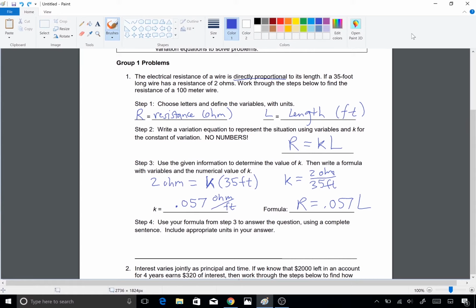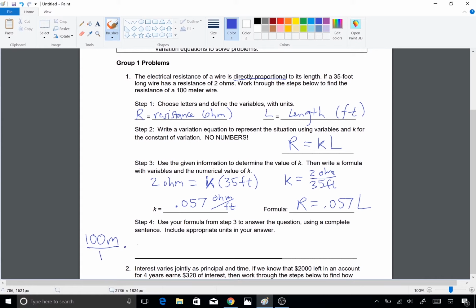Now we need to find the resistance of a 100-meter wire. Pay attention to the units here. We can't just plug in 100 for L because our constant of variation expects feet. We want to multiply by something that's measured in feet so that the feet will cancel and we'll be left in ohms. So first let's convert 100 meters to feet.